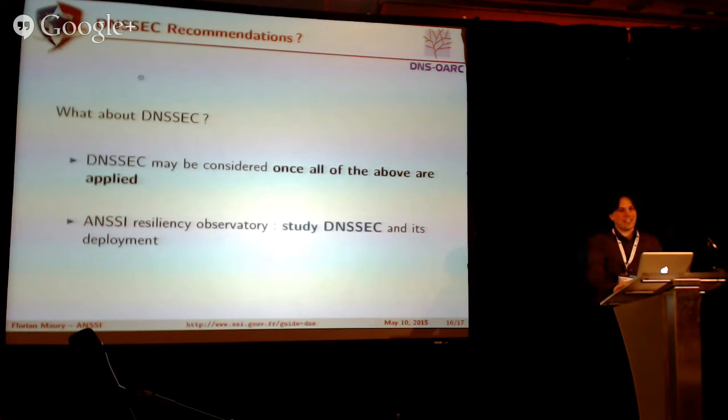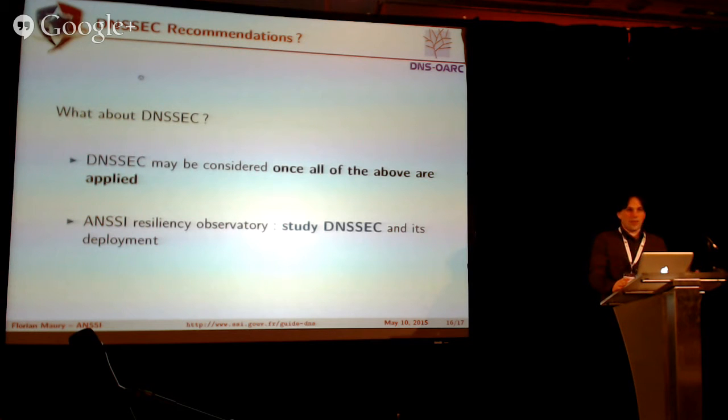Regarding DNSSEC, it was brought up on the mailing list that we are not giving recommendations to implement DNSSEC in this guide. The truth is, DNSSEC is fine, of course, but we think it is only interesting to consider implementing it if all of the previous recommendations are already applied.